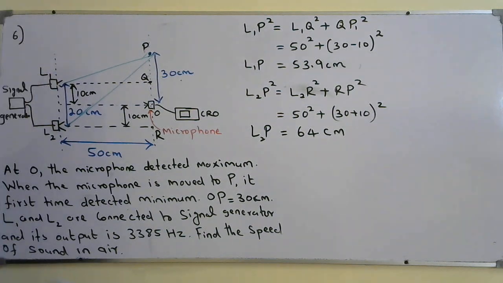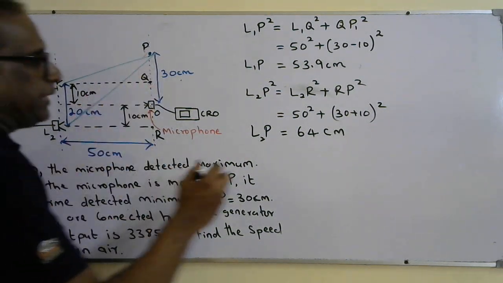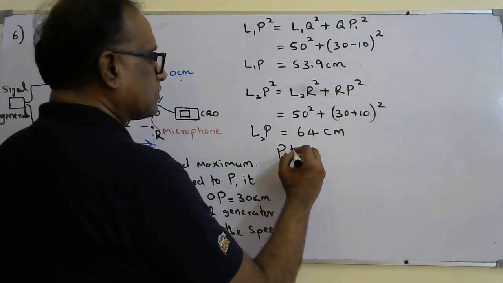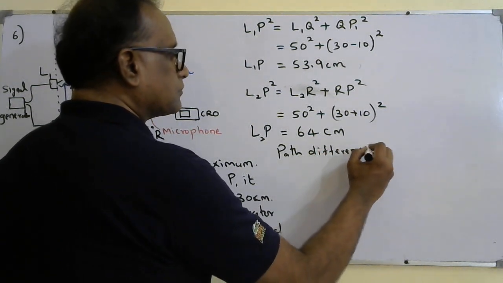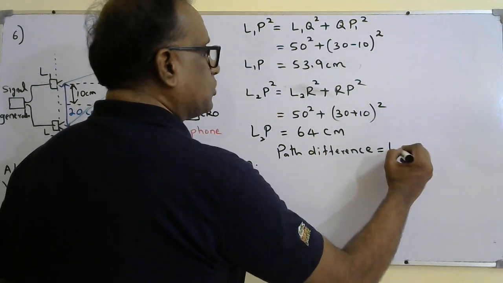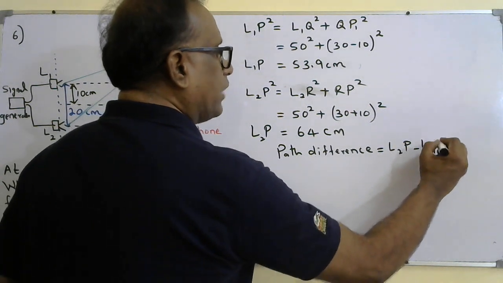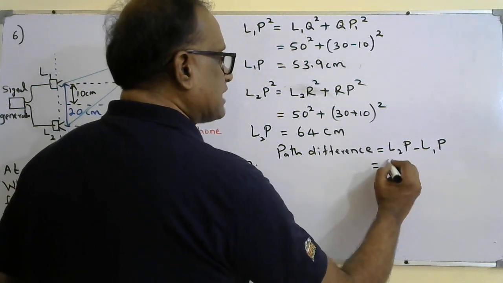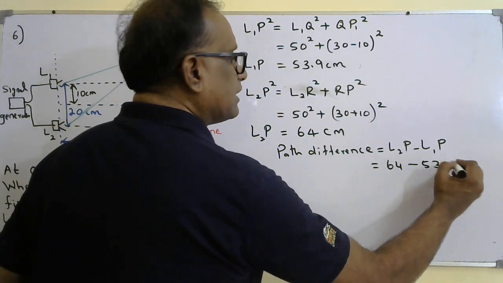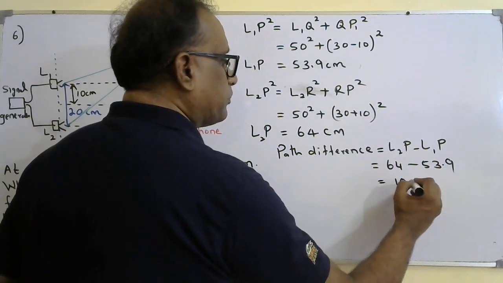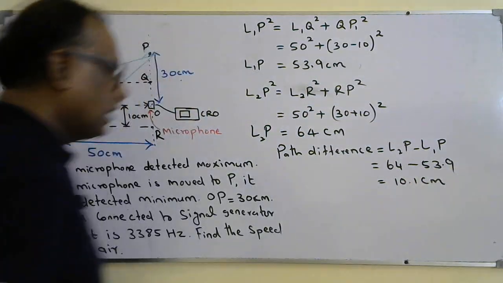Okay, so the path difference for the wave at P equals L2P minus L1P, that is 64 centimeter minus 53.9 centimeter, which is 10.1 centimeter.